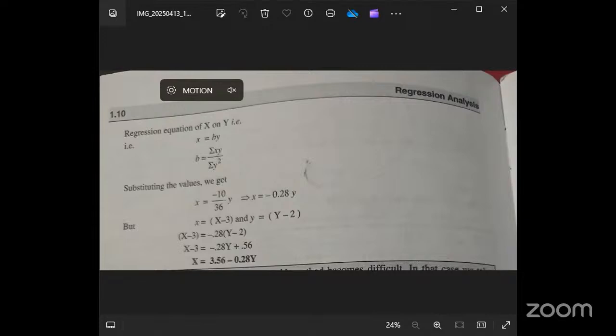In the next class, we would like to see the problems in the second method. We have seen there are four types of methods.